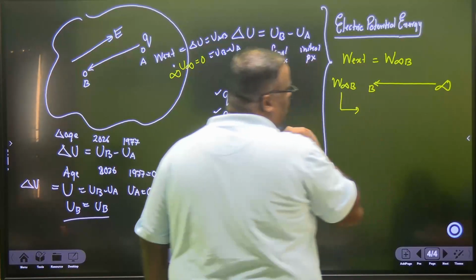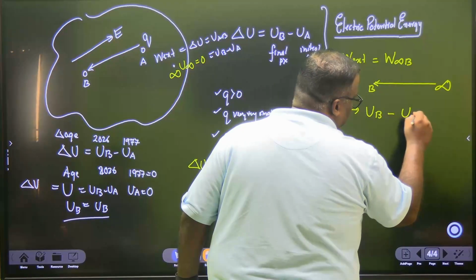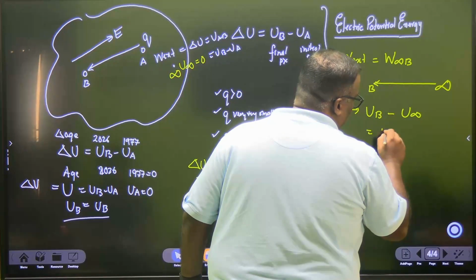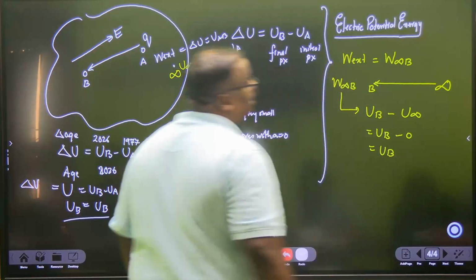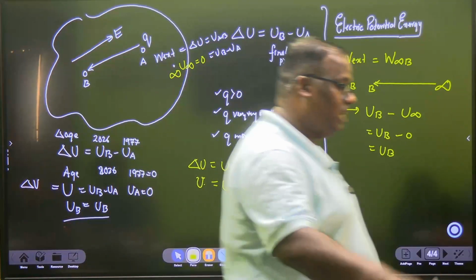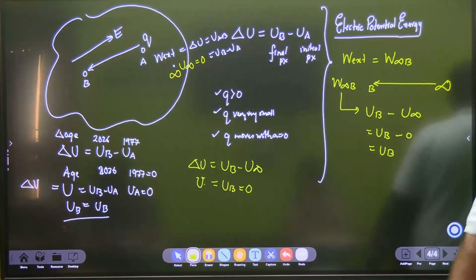This W infinity B is actually the difference of the potential UB minus U infinity, which is equal to UB minus 0, which is equal to UB, which is the electric potential energy at B.